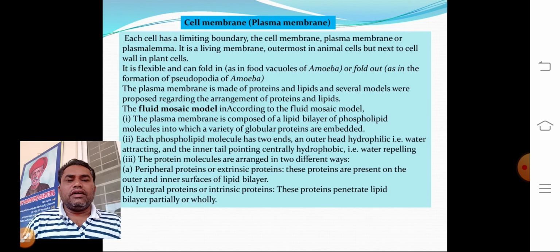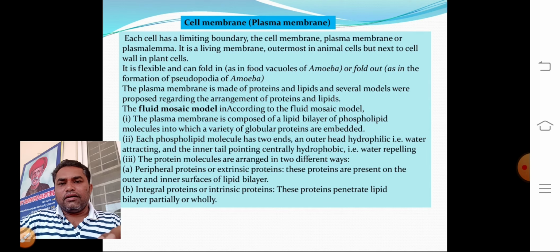Next, let us go to the proteins. Already we discussed that the plasma membrane is made up of lipids and proteins. Lipids are present in the outer and inner layers, so two lipid layers are present. Proteins are generally arranged in the plasma membrane in two ways, peripheral proteins and integral proteins.